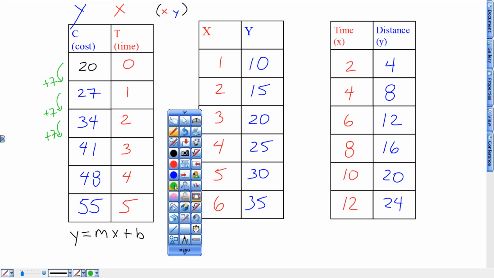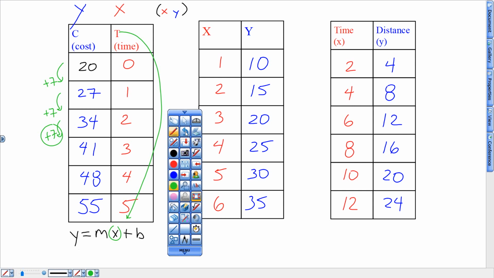And where I'm getting those numbers, this 20 is going to go right here where b is. This 7 going up number is going to go in front of my variable. Remember, I'm going to put c right here, and I'm going to replace that x right here with t.